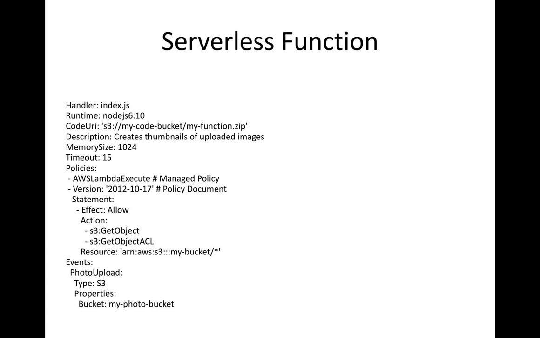with it for me. You see an events property where I'm creating an event source for the Lambda function. In this case, the event source is called photo upload. It's an S3 event source, and it's going to use a bucket called my photo bucket.